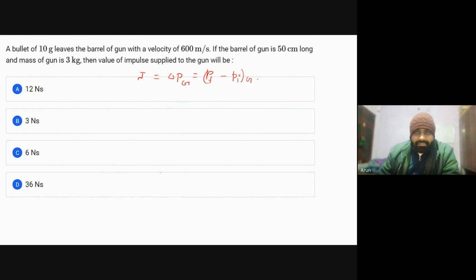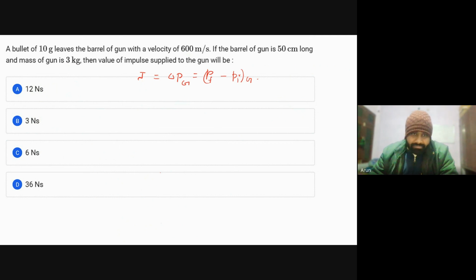So the final momentum will not be zero for the gun. How do we calculate it? All the forces inside the gun, the blast, the jet of gas, these are all internal forces.